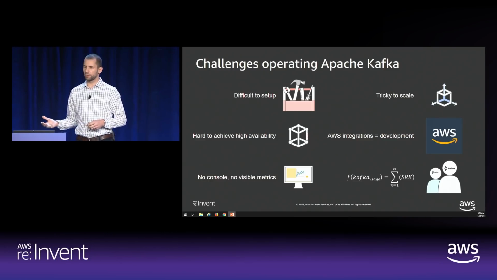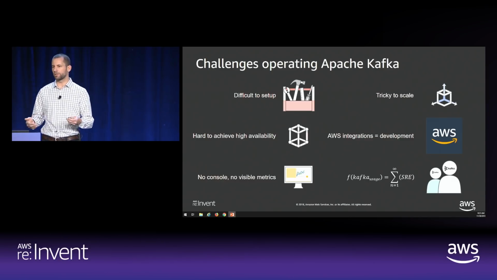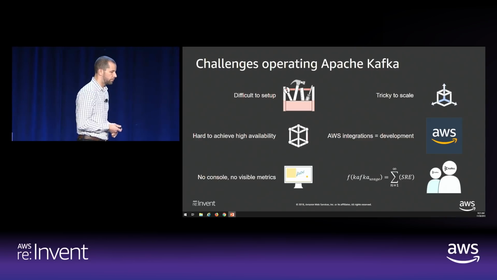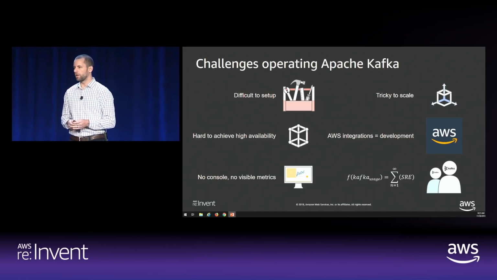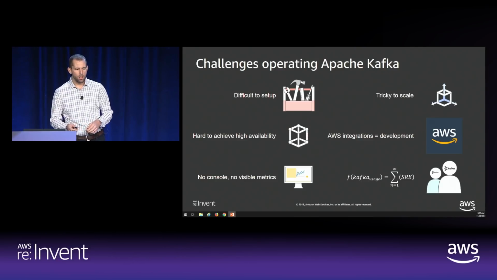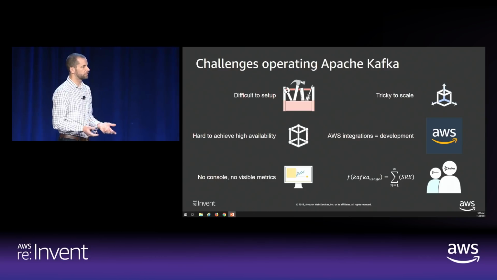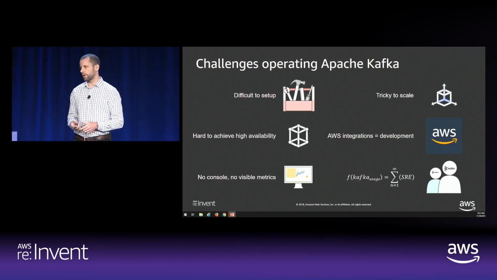Kafka provides metrics that you can consume, but it doesn't provide a console or a nice user experience for you to get started. It's also tricky to scale. When you add brokers, for example, you have to migrate partitions on your own, and scaling with Kafka can be difficult. It also doesn't come included with AWS integrations, those integrations that are required to run real-time applications within an AWS environment.